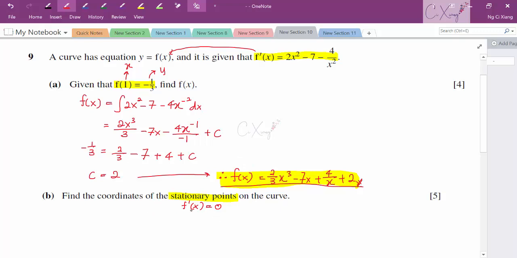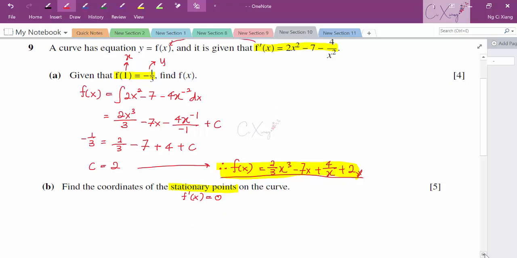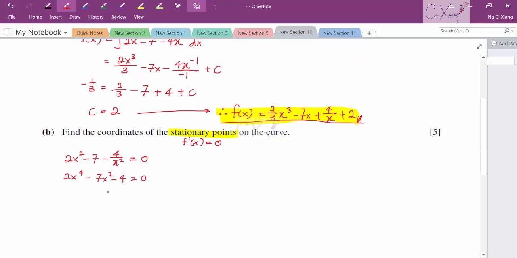So if I let f prime x equal 0, I have 2x squared minus 7 minus 4 over x squared, which equals 0. I try to solve this equation. I will make the denominator disappear, where I should have 2x to the power 4 minus 7x squared minus 4 equals 0.